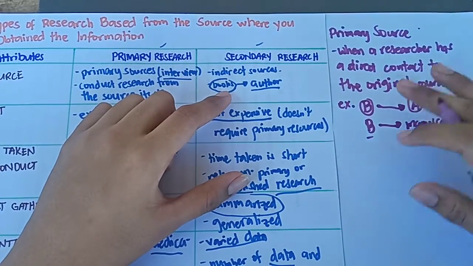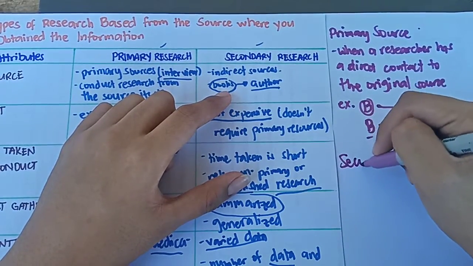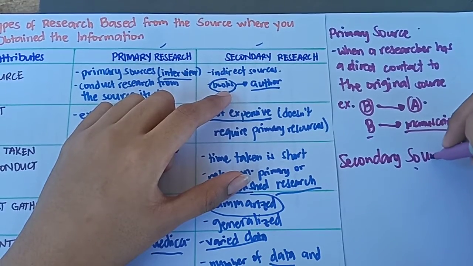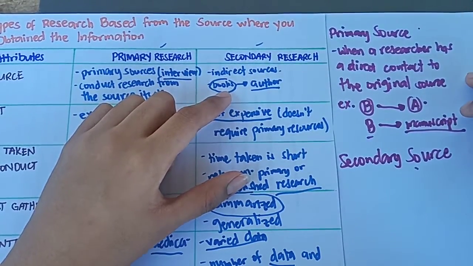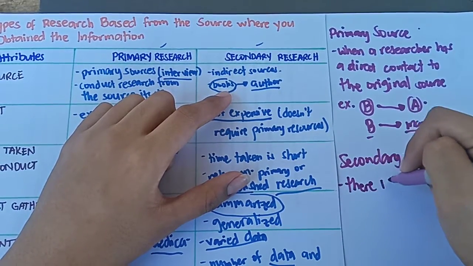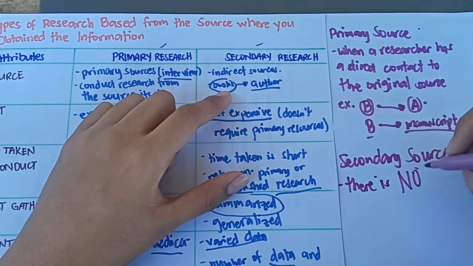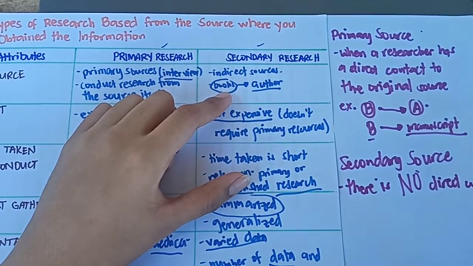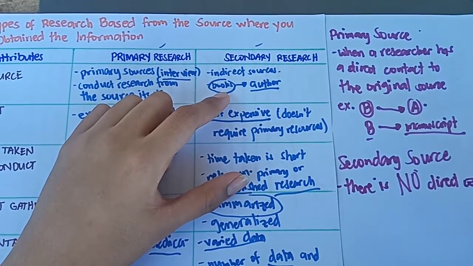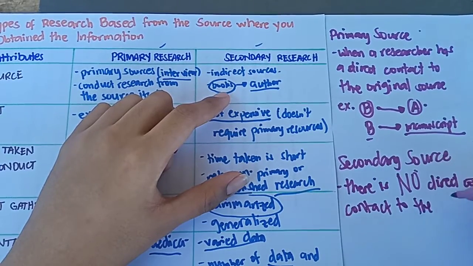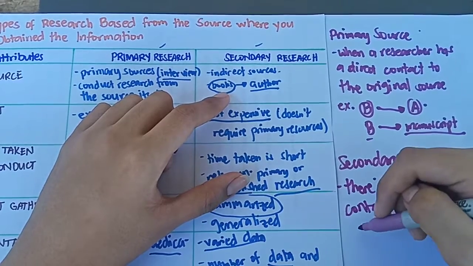Now, another type of source is the secondary source, which is used in secondary research. In a secondary source, there is no direct contact to the original source.